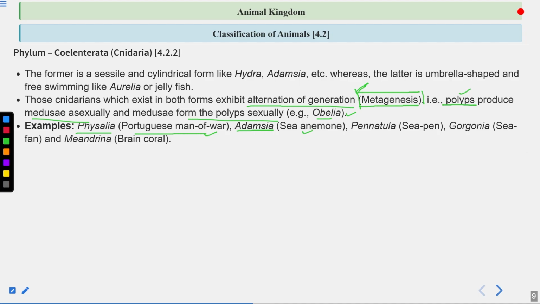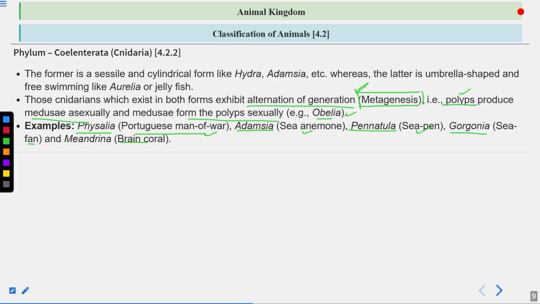Adamsia is called sea anemone. Pennatula is commonly called sea pen. Gorgonia, commonly called sea fan. And Meandrina, commonly called brain coral. So you must remember the scientific name as well as their common name. Why must you remember both these things?